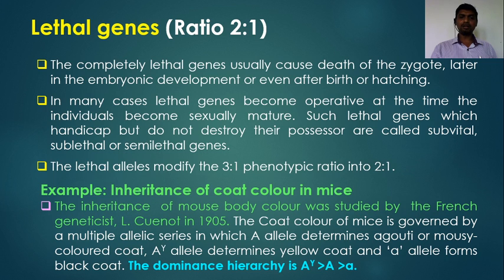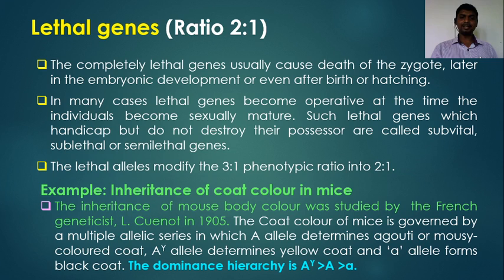The inheritance of mouse body color or coat color was studied by the French geneticist L. Cuénot in 1905. The coat color of mice is governed by a multiple allelic series in which the A allele determines agouti or mousy colored coat. This agouti or mousy is the most common one.